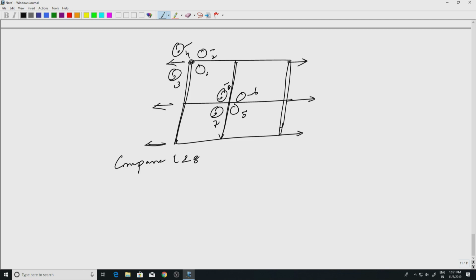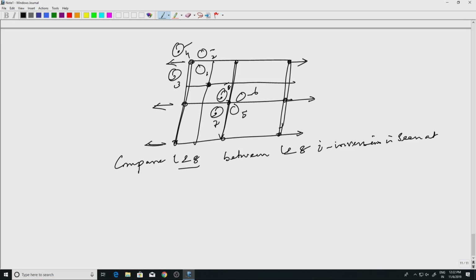Of course, the inversions are here. Between 1 and 8, inversion is seen at a plus b by 4.